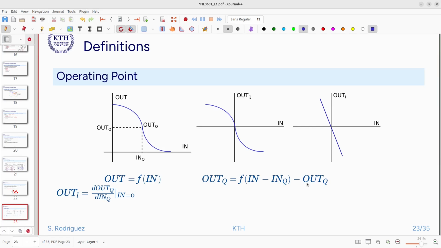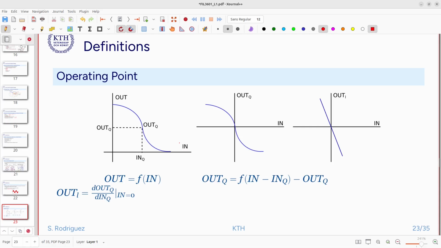Now the next thing is the operating point. As I mentioned before, amplifying devices are nonlinear devices by nature, and when we make circuits we will have nonlinear curves. To start with, we will need to select a point in which we're going to work in the nonlinear curve, and for instance we have the input and output here.